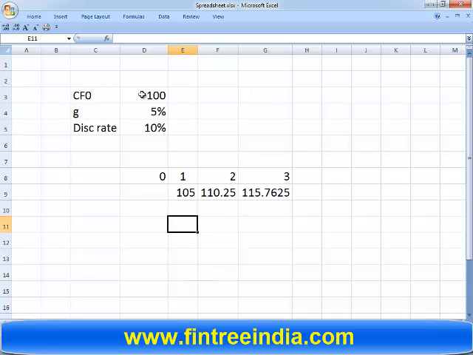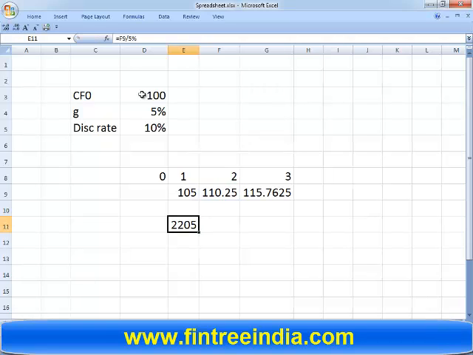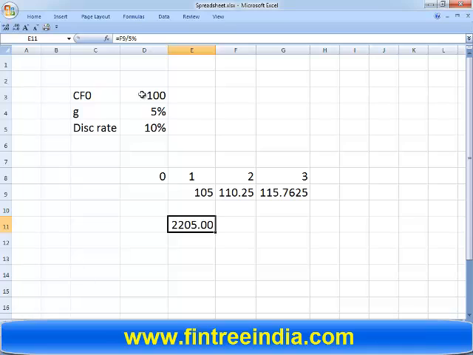So value of stock at time 1 would be cash flow of time 2, divided by 5%, and now the value comes out to be slightly different. But then I want to know the value at time 0. Okay, so how do I do this? I will take the total of cash flow at time 1, 2310, and then I will discount it backwards for 1 year at the rate of 10%, and the value will be the same again.